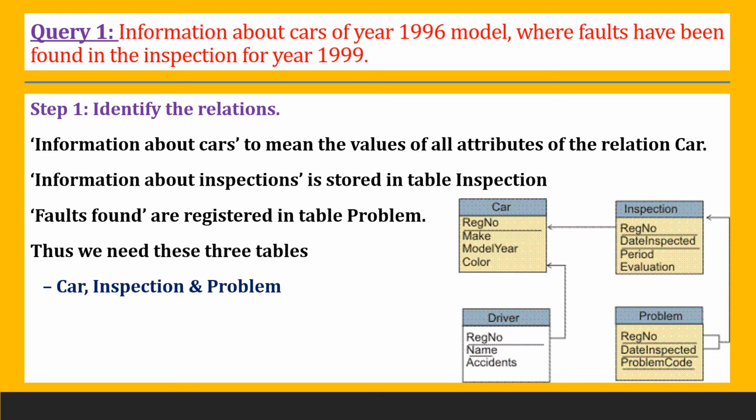Then information about inspections is stored in the table inspection. Faults found for the year 1999 are available in the table called problem. So we need three tables to answer this query: car, inspection, and problem.